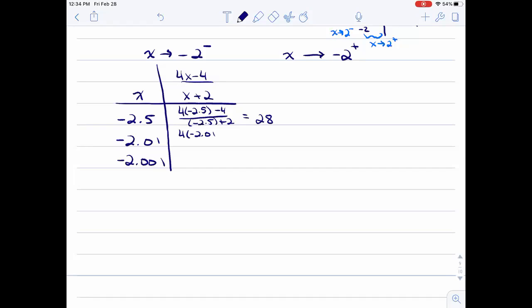4 times negative 2.01 minus 4 divided by negative 2.01 plus 2.